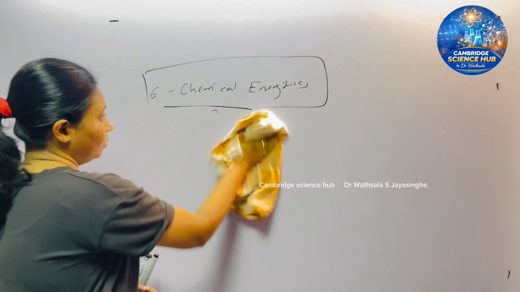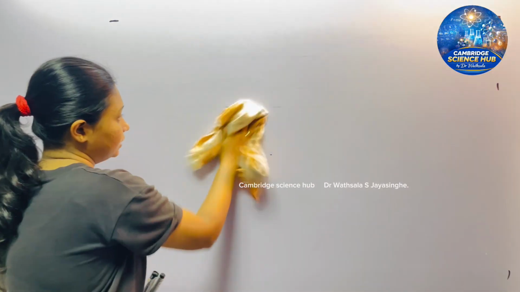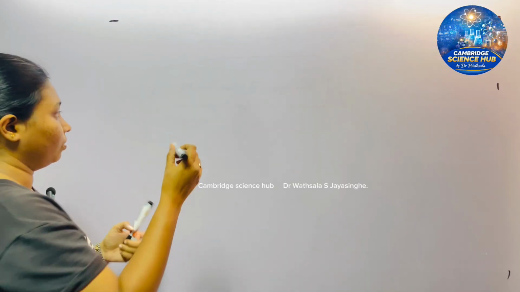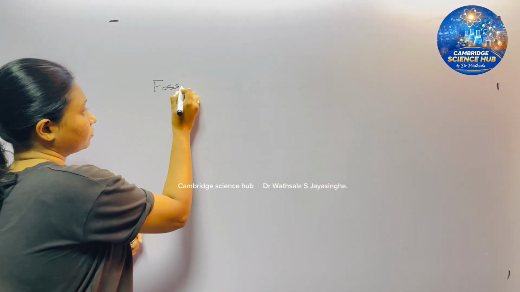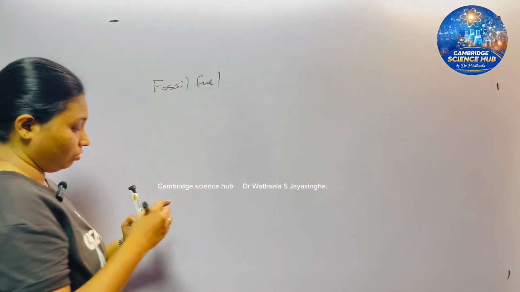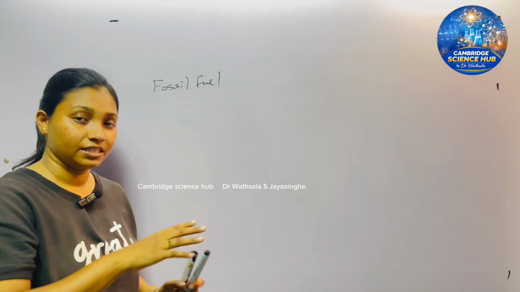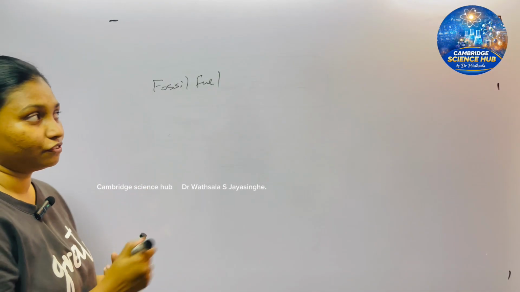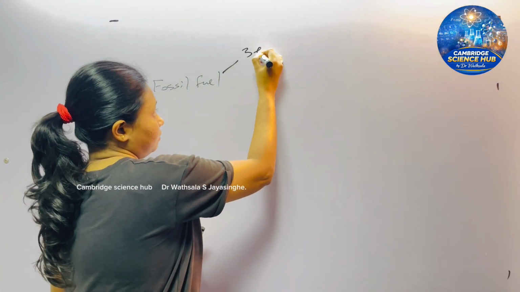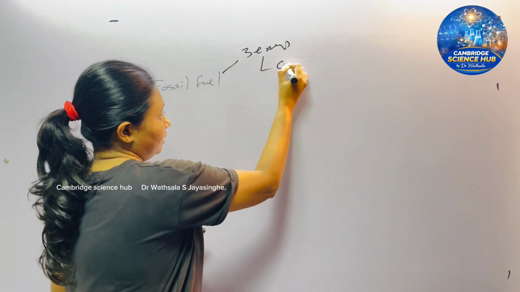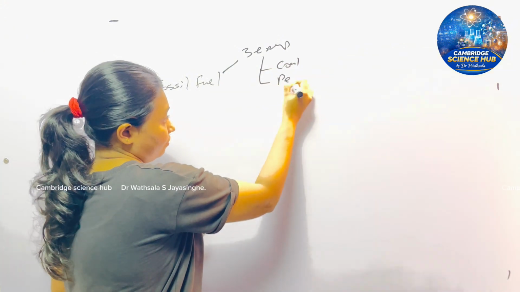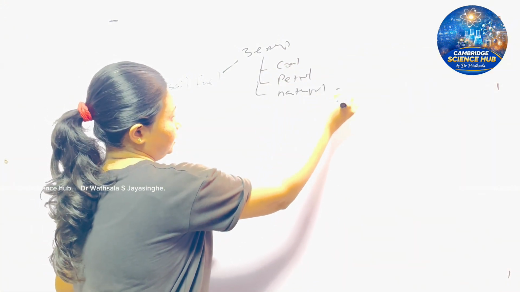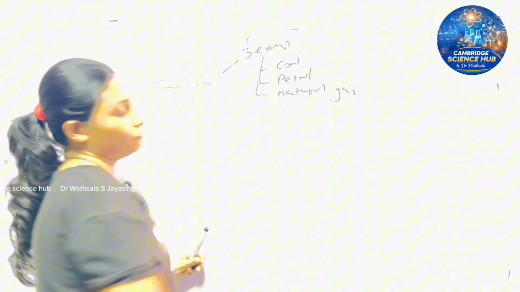Before learning about these things, let's have a quick revision about what is a fossil fuel. Already we have discussed the main 3 examples for fossil fuels. One is coal, the other one is petroleum, the other one is natural gas. Okay, these are the main 3 examples for fossil fuels.